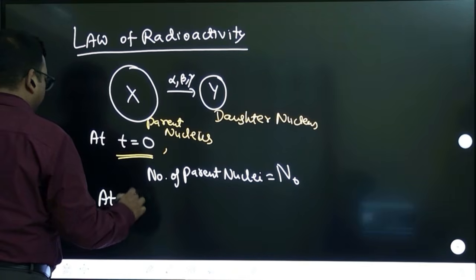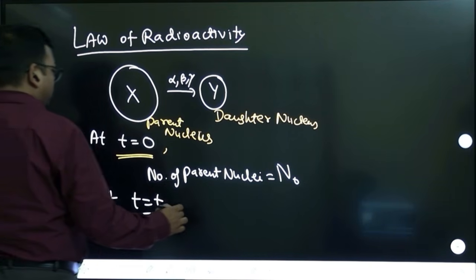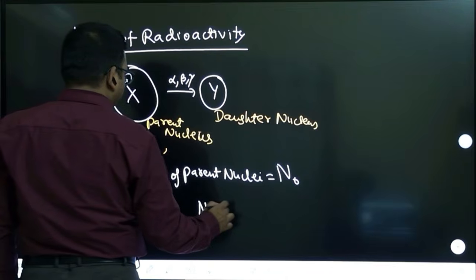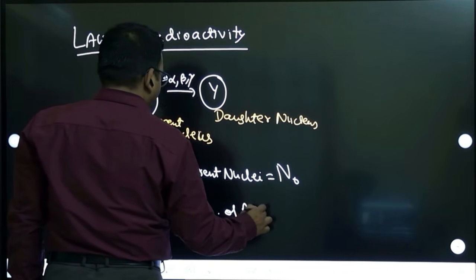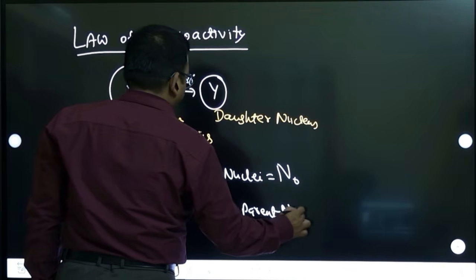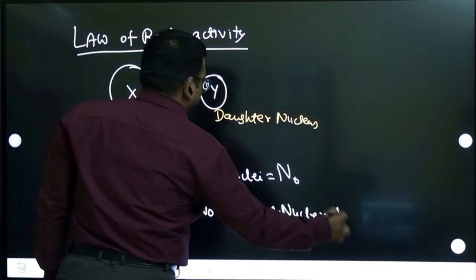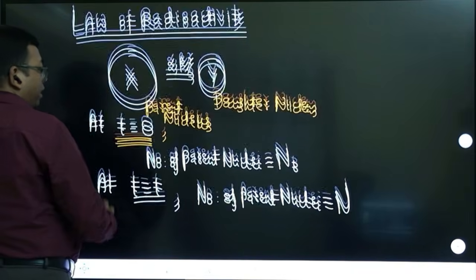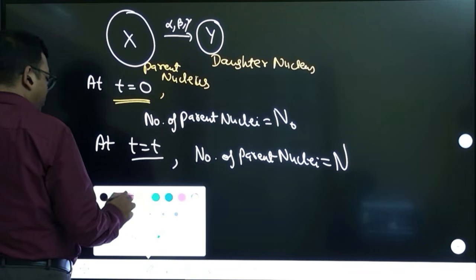And at time equal to t in general, this number of parent nuclei is, let us say, N. And note that it is decreasing because decay happens.